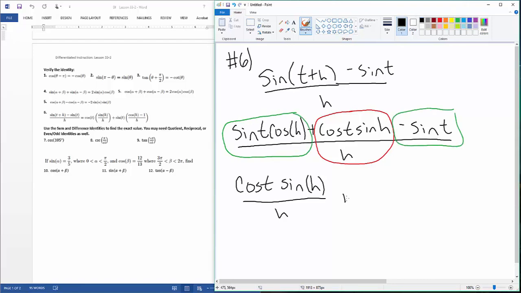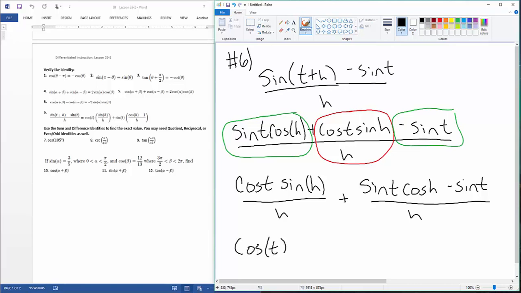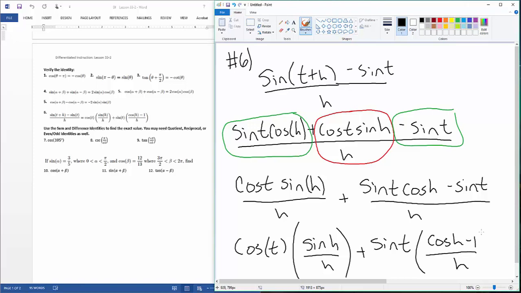So now I'm going to get plus sine t cosine h minus sine t all over h. So now I can factor out the cosine here, and I'm going to factor out the sine t here. And there you go. Now they look the same.